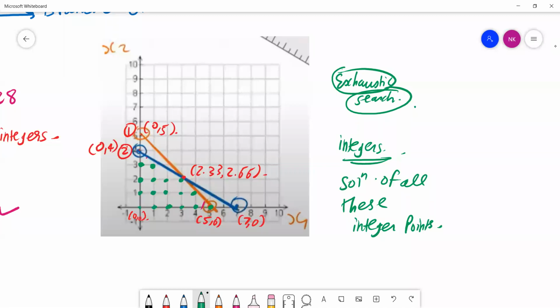Sir, according to me, we should focus on the points which are lying near the feasible region lines, like the blue and orange line. Okay, we should be focusing on the points lying near the blue and the orange.